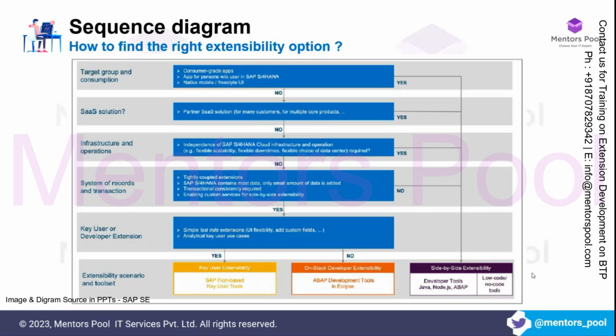So apart from this ideal scenario, those things also need to be considered and are usually the driving factors when we choose an extension. Apart from that, time also becomes a problem. At times I have seen people choosing in-app extension over side-by-side because it takes less time and less effort.